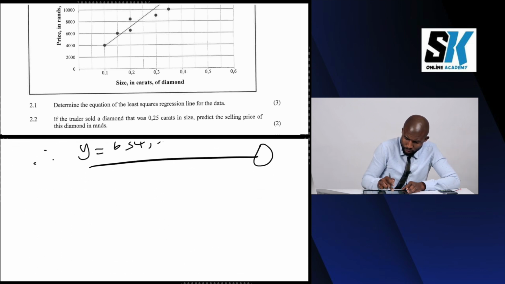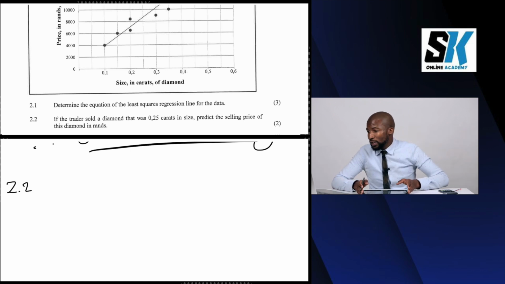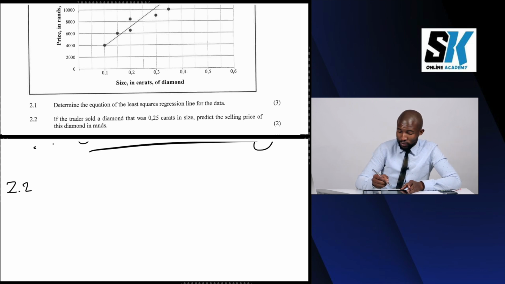So moving on to 2.2. 2.2 says if the trader sold a diamond that was 0.25 carats in size, predict the selling price of this diamond. So they already gave you the carat, which is the size.